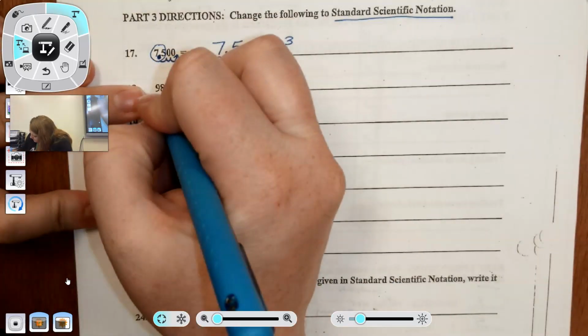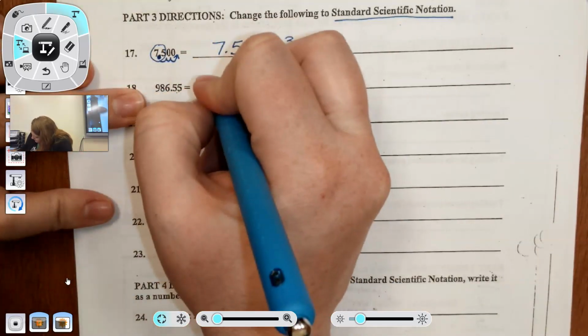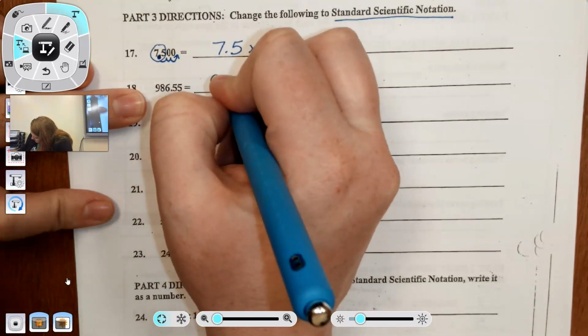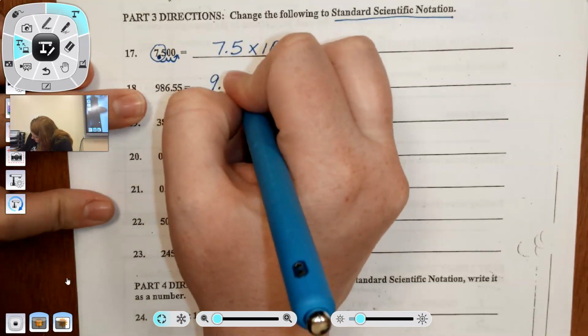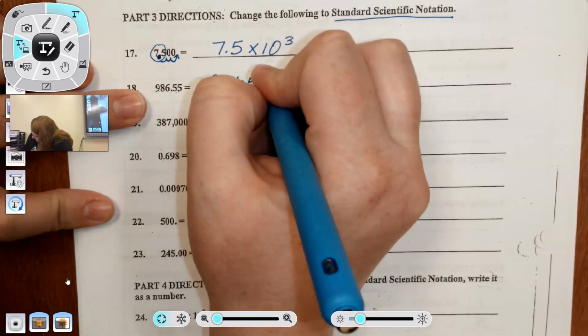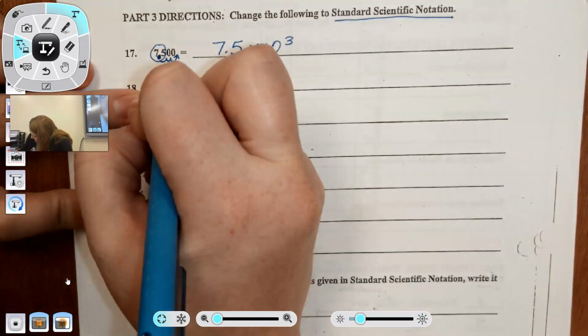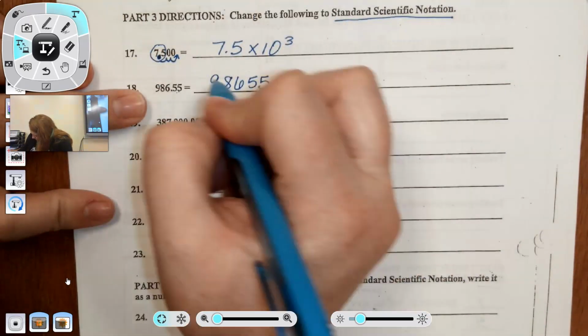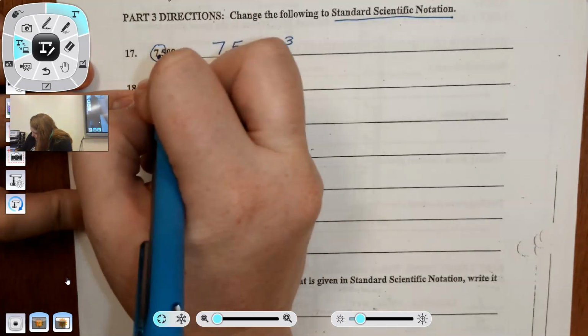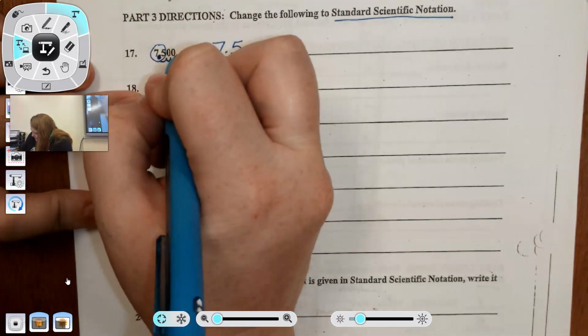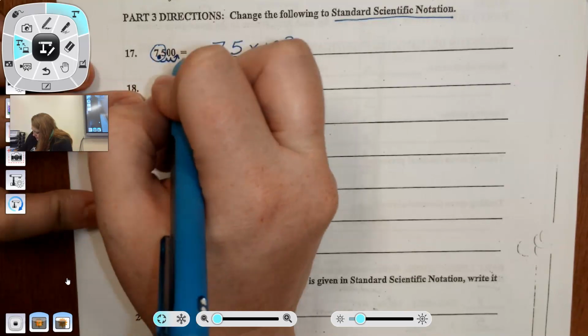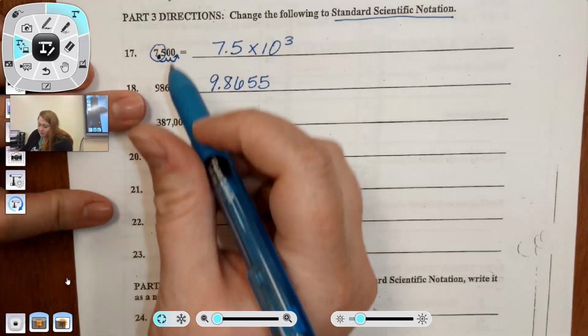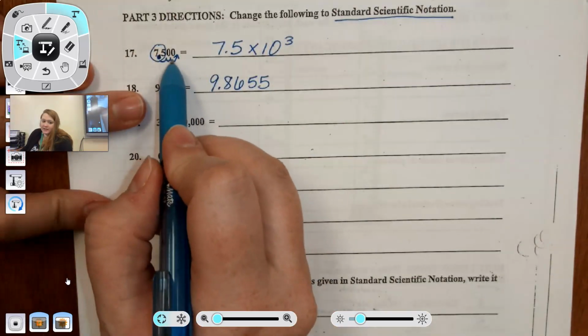This one, again, we need a number between 1 and 10, so that's going to be 9.865. So let's be careful here. If we go back to 17, I did not include those zeros because there wasn't a decimal in the problem, which means those zeros are not significant.